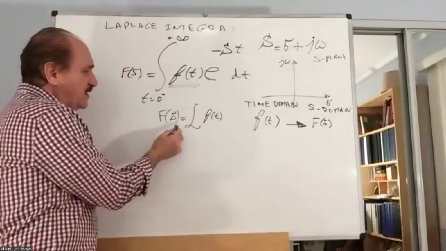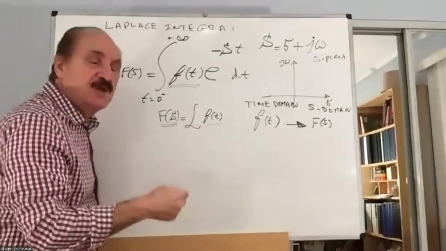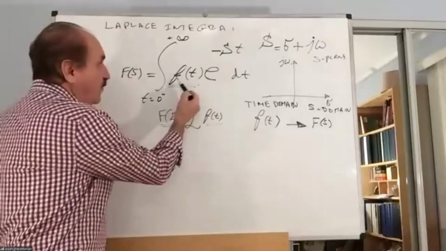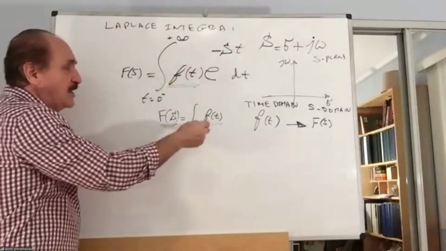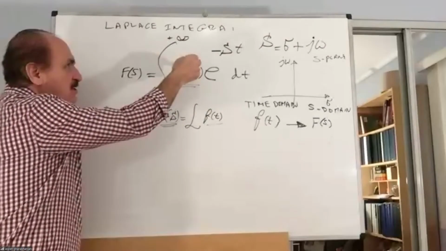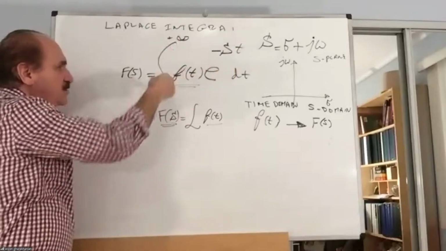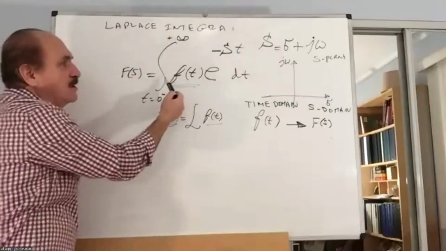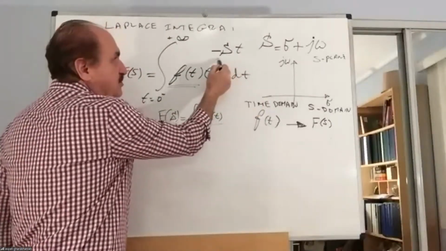We know that this is going to be the transformed version of f of t, which has undergone that integration. You can put, for example, time. F of t equal to t, straight time. Put it in, you've got t times e to the power minus st. You can integrate your t from 0 to infinity. The outcome will be a function of this s.